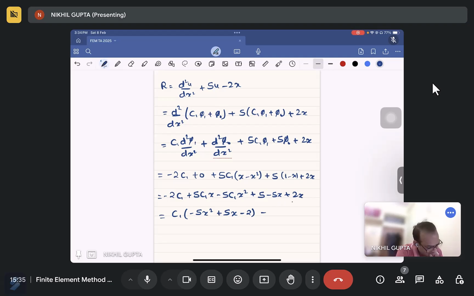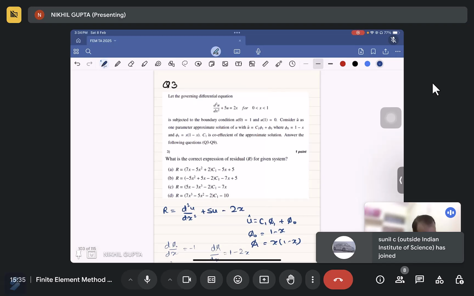Sorry, this is minus 5x so it will come here, minus 2x, then minus 2x, then minus 2x, and this one is 7x. And the plus 5 as well. So this is the solution. When you see our residual in this, you will see the answer is B.